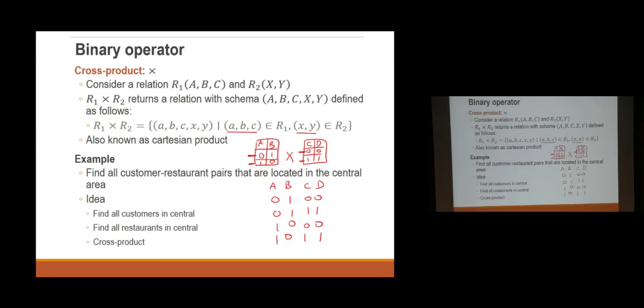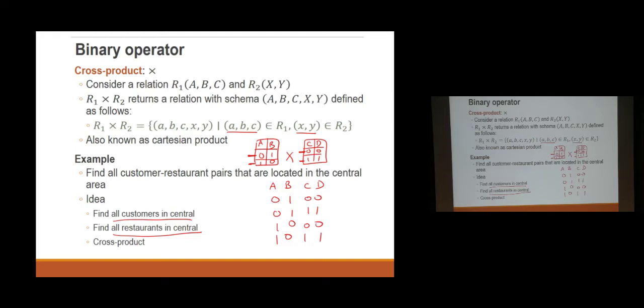So one possible question that we can ask is: find all the customer restaurant pairs that are located in the central area. Okay, so what you can do is you can find all customers in central, you can find all the restaurants in central, and then you do the cross product.